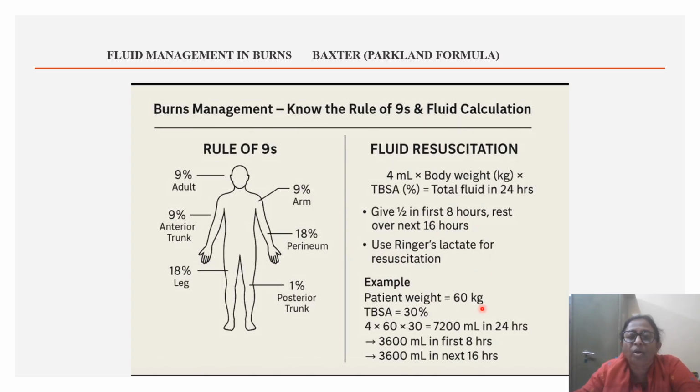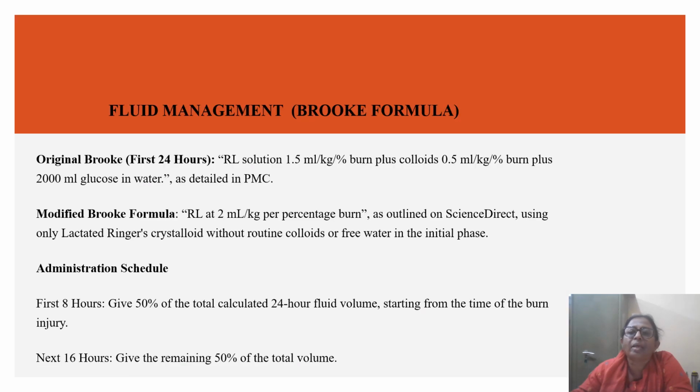If the patient's body weight is 60 kg and total body surface area affected is 30%, 4 into 60, that is the body weight, into the total body surface area, that is 7,200 ml in 24 hours. Half in the first 8 hours, that is 3,600 ml, and the balance 3,600 ml is given in the next 16 hours. So in total, for 24 hours you have to give 7,200 ml of Ringer's lactate.